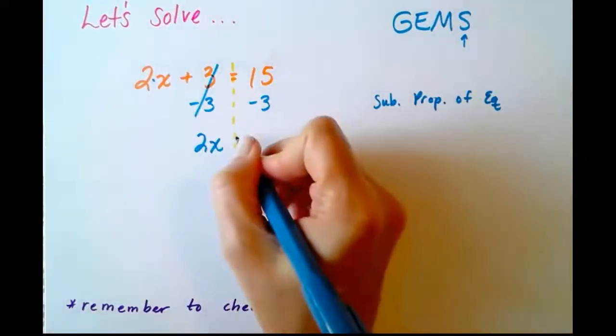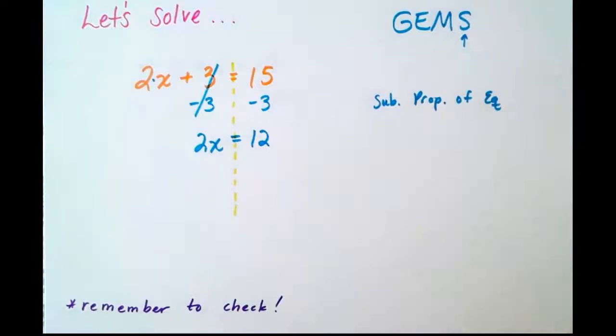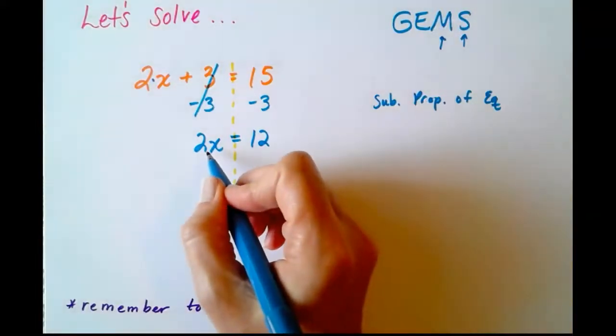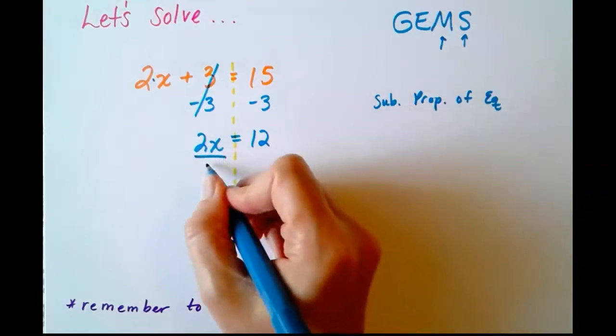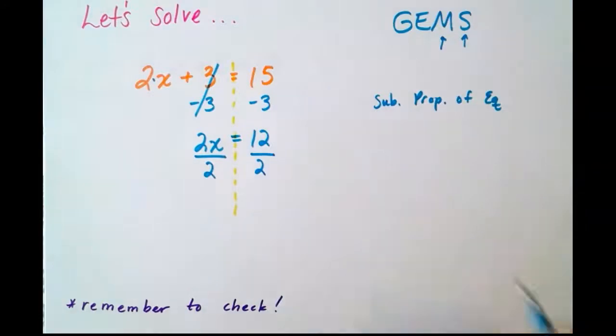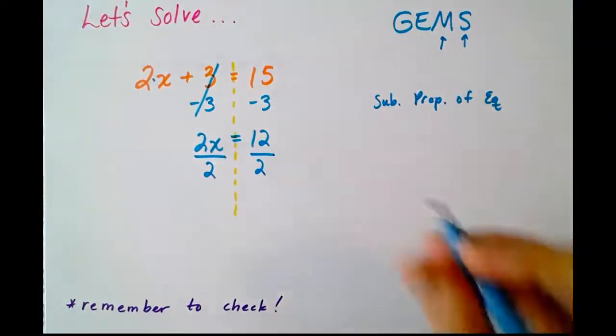We get 2x equals 12. Next thing we need to undo is the multiplication or division. We have 2 times x. To undo times 2, we need to divide by 2. Division is the inverse operation of multiplication.